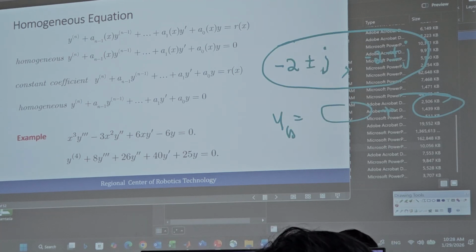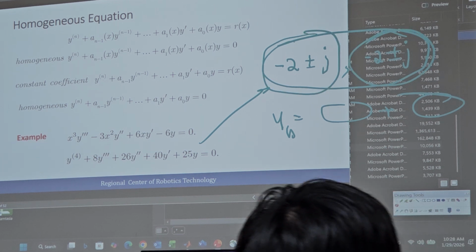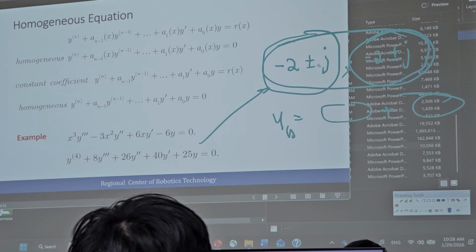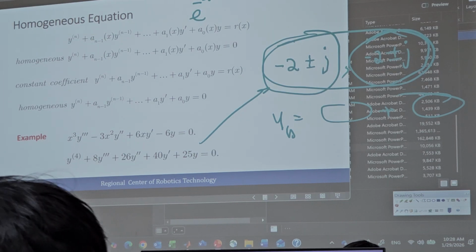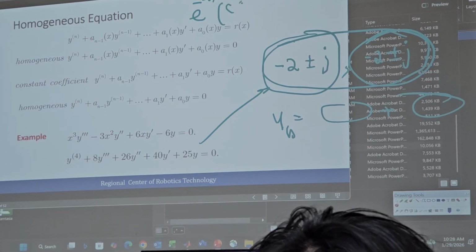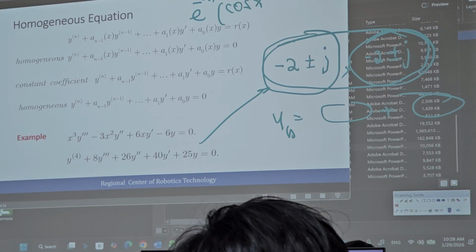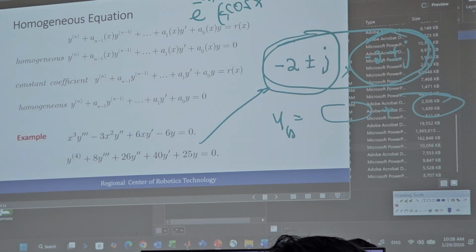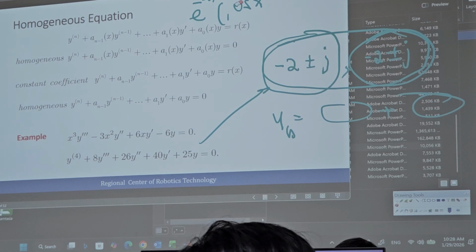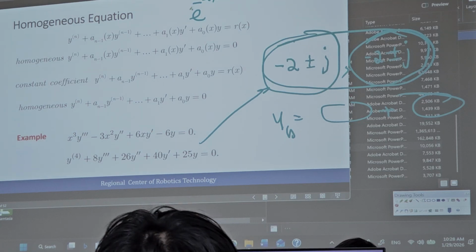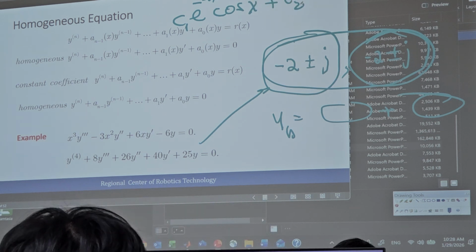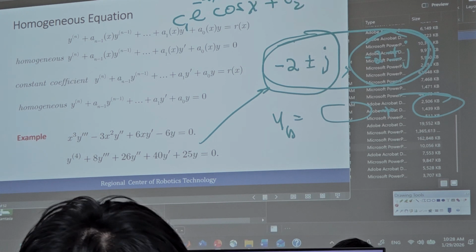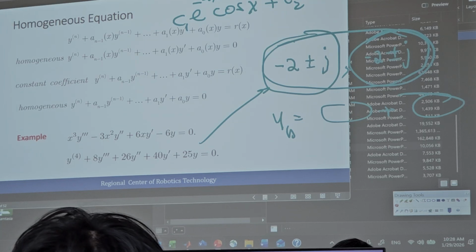Okay, see, you have 2 of them. This one, you have 2 of them. And you can write this one. If one of them is easy, right? This one is minus 2x, let's say, c1 e to the minus 2x cos x plus c2 e to the minus 2x sin x, right, for this one.